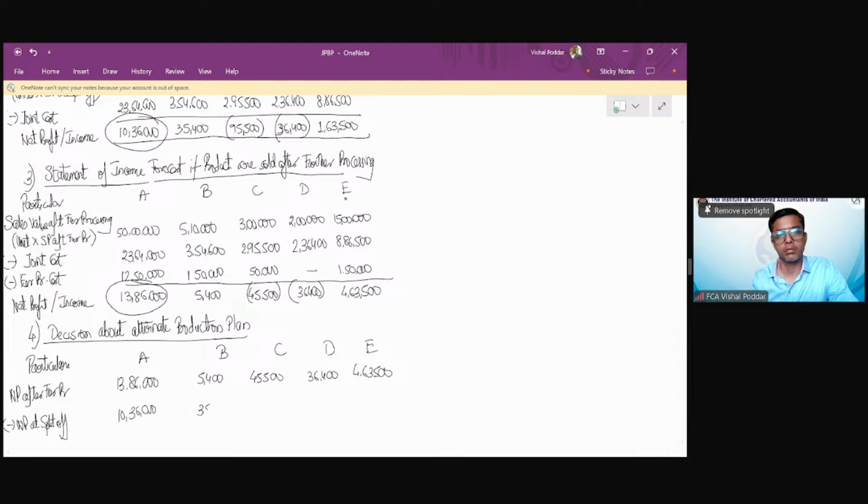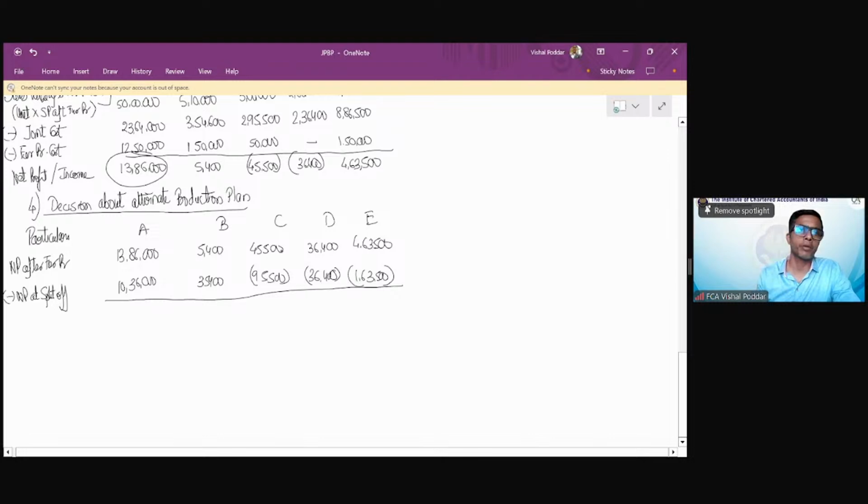Five, 400. Now I'll show it as a difference. Why showing it as a difference? So that I can bring out how much will be my extra benefit or loss by doing the further processing.